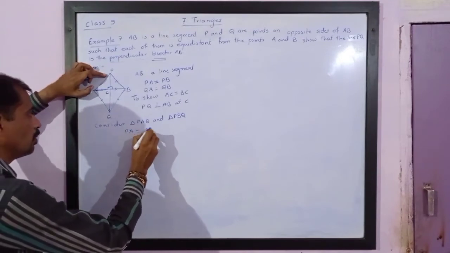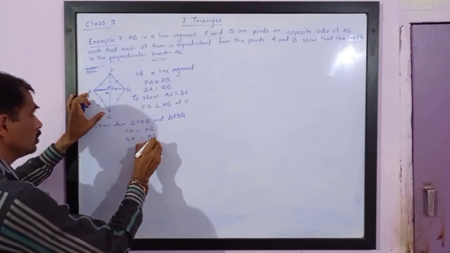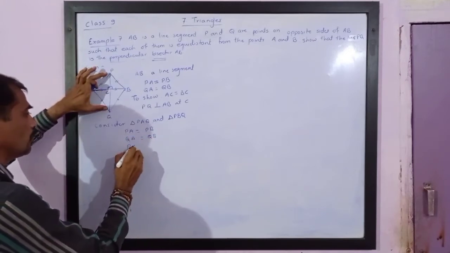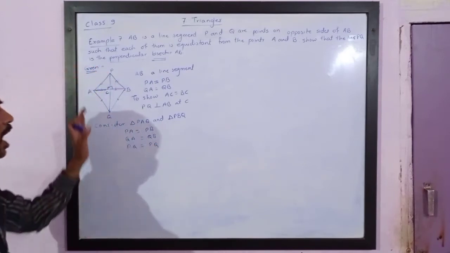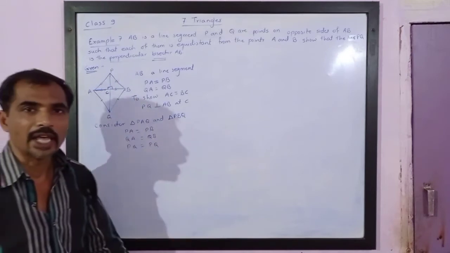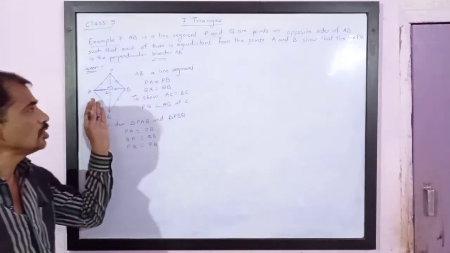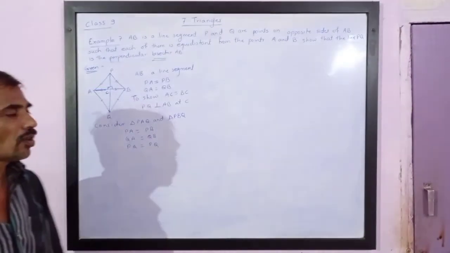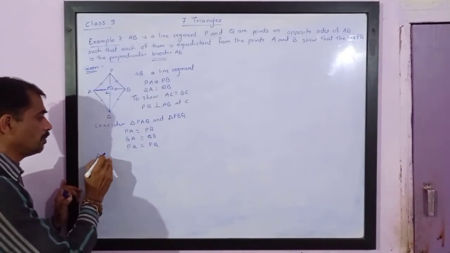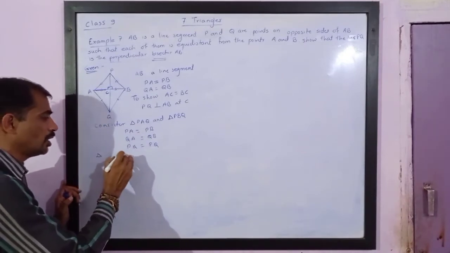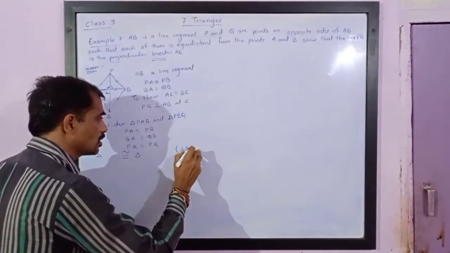We are also given that QA is equal to QB and PQ is equal to PQ. It means three sides of one triangle are equal to three sides of the other triangle. If three sides of one triangle are equal to three sides of another triangle, then those two triangles are congruent by SSS congruence rule. So here I can say that triangle PAQ is congruent to PBQ by SSS congruence rule.